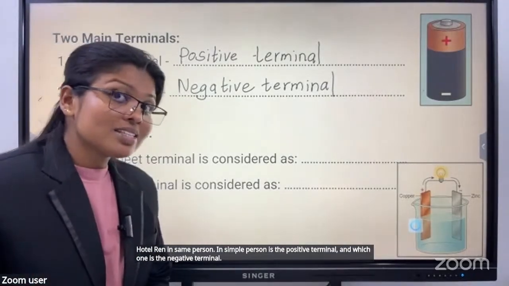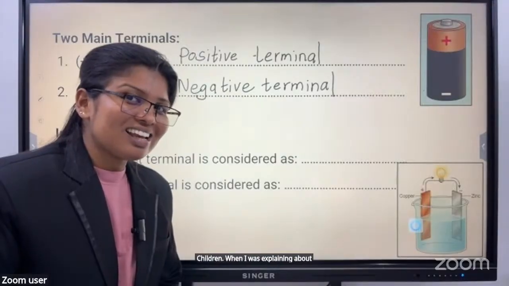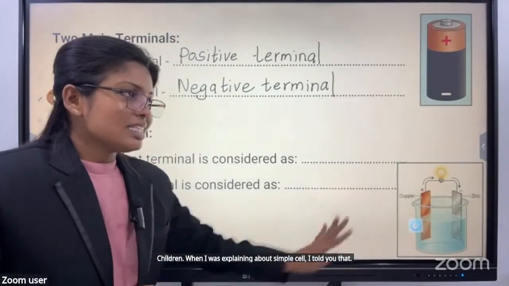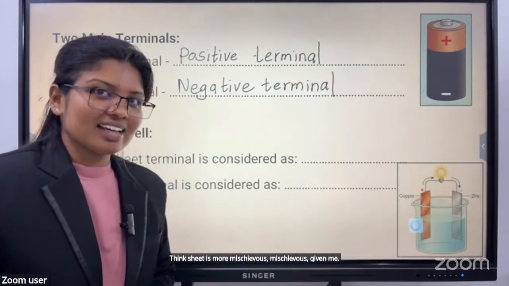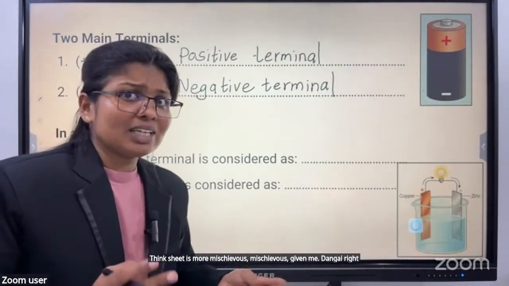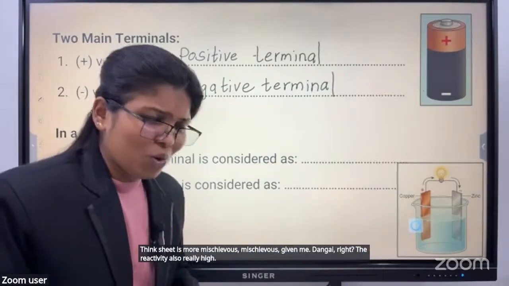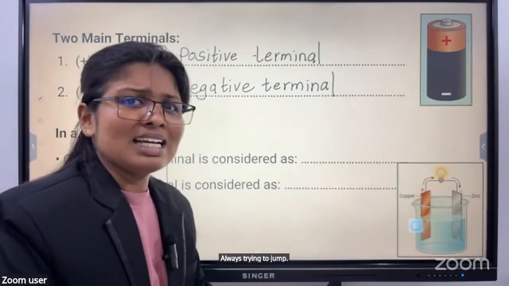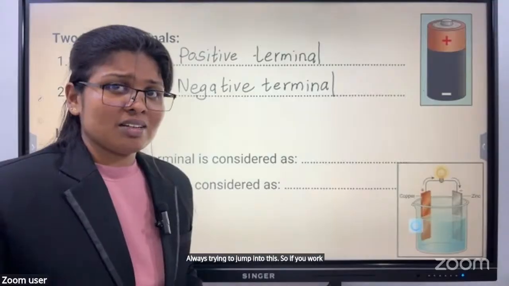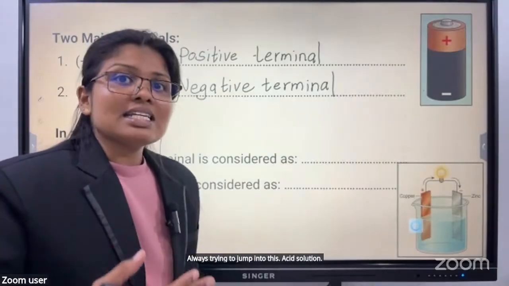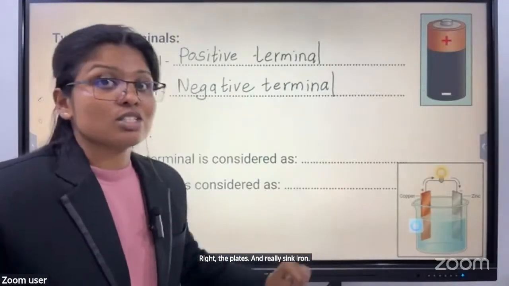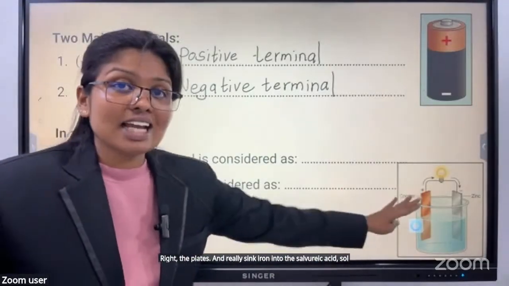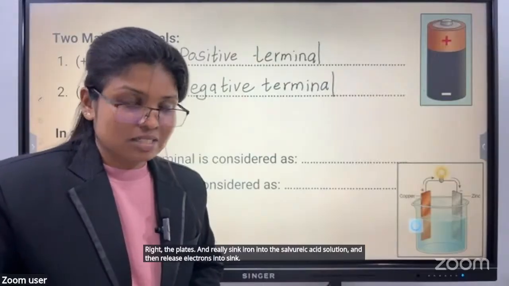Children, when I was explaining the simple cell, I told you that the zinc sheet is more mischievous. Mischievous means dangerous. The reactivity is also really high. It is always trying to jump into the sulfuric acid solution, depleting and releasing zinc ions into the sulfuric acid solution and releasing electrons into the zinc sheet.